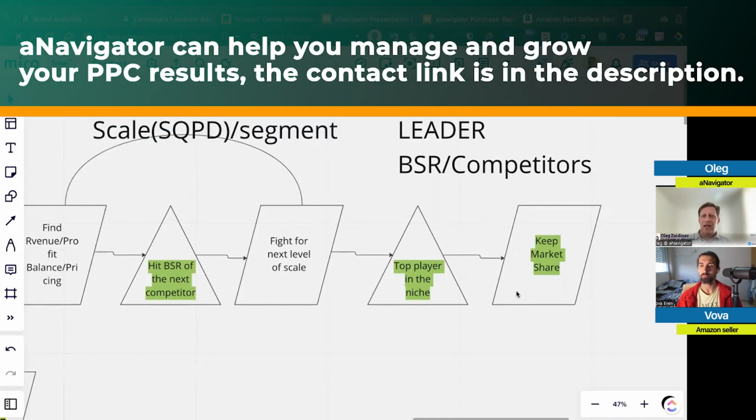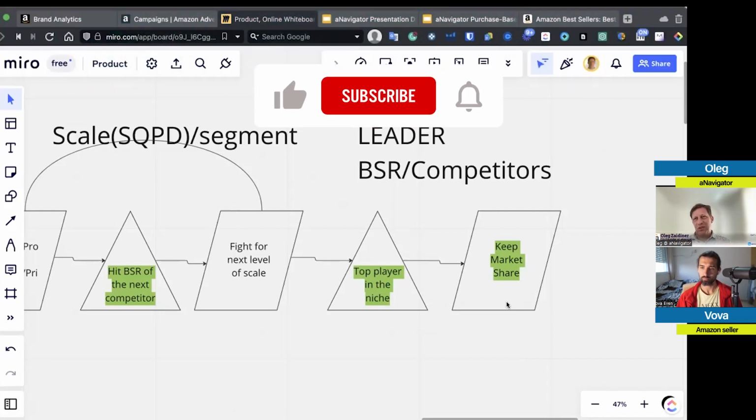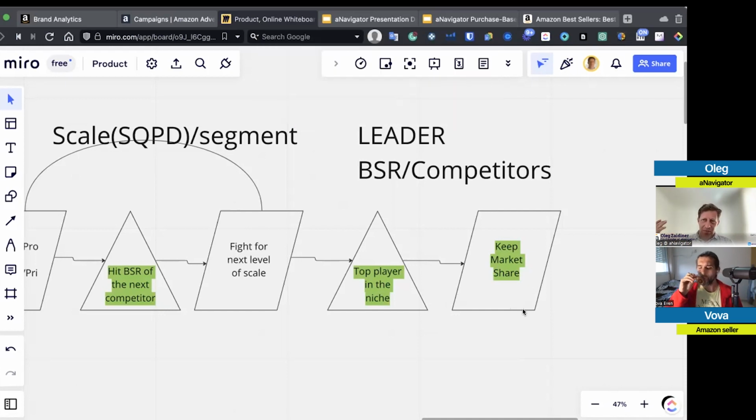And sometimes when you get to the leader position, in some cases, we have to be even more aggressive with advertisement to keep this position. But overall, we're getting a big percentage of market share. And if we have some organics, and ideally a bestseller badge, the profit is much higher.